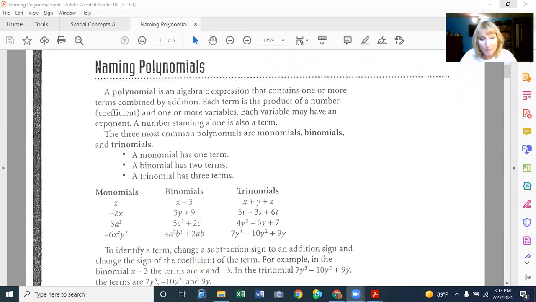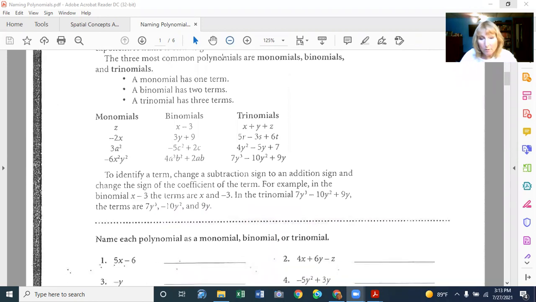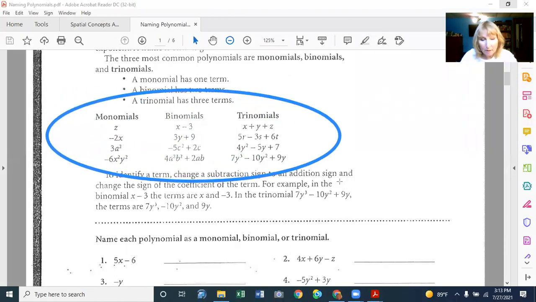So there's three types: a monomial, a binomial, and a trinomial. If you know anything about the English language, mono means one, bi means two, and tri means three. So a monomial has only one term.